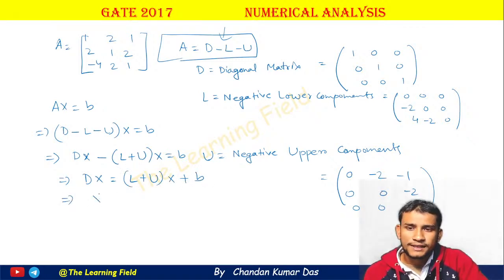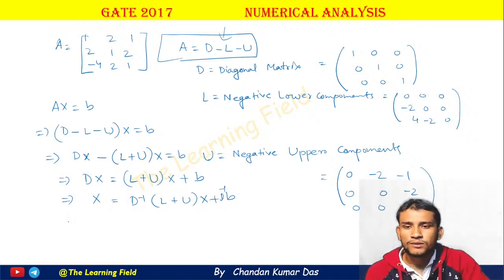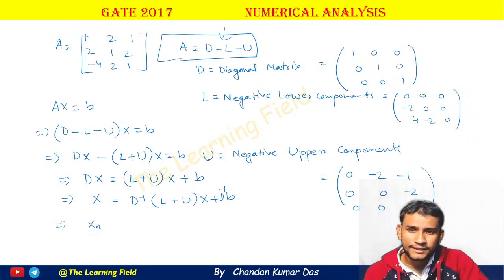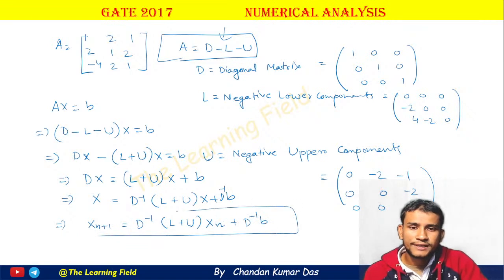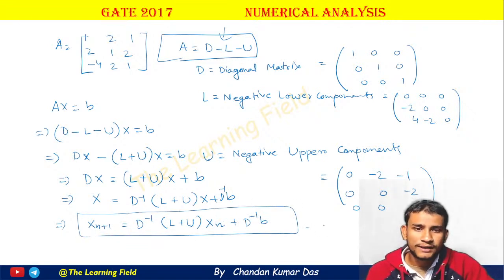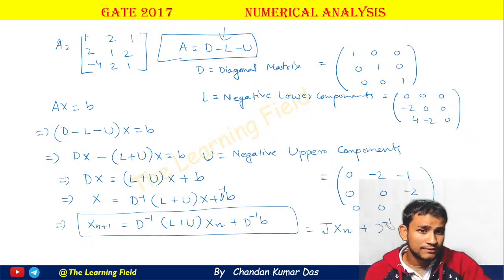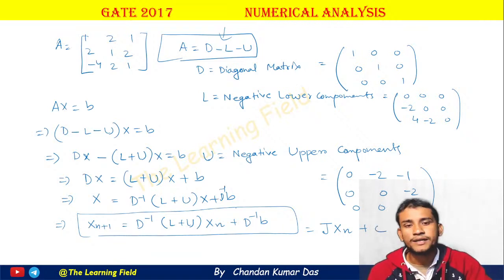Now x equals D inverse (L plus U) x plus D inverse b. The Jacobi iteration scheme is x(n+1) equals D inverse (L plus U) x(n) plus D inverse b, which we can write as J x(n) plus C.